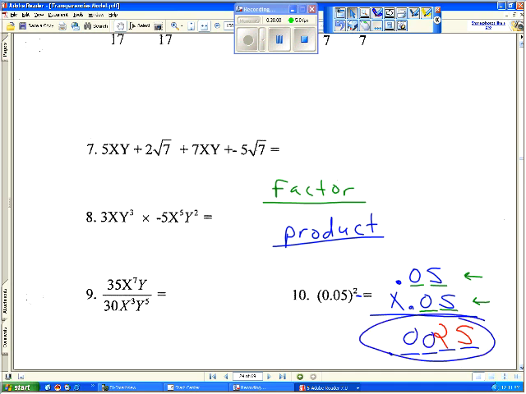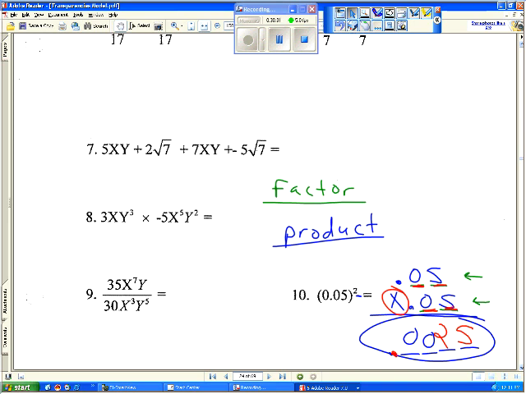And we have a decimal there. .0025. We need to know our terminology. You count up the number of decimal places in the what? Factors. What are factors? What you're using to multiply by. Prime factorization, 2 times 3 times 5 times 7 times whatever. Okay? Any questions on number 10?